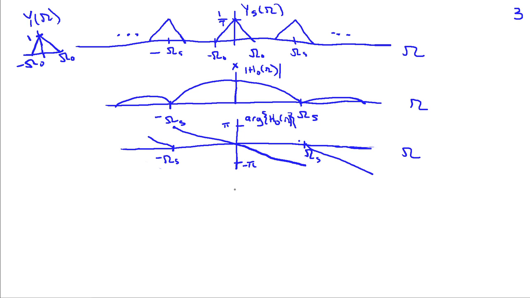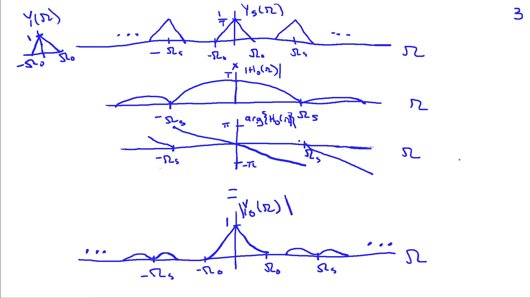So if we look at the result of multiplying our original signal spectrum, which in general is complex, but I'm just showing it as a purely real function here, times this, and I'm just going to sketch the magnitude, we see how the magnitude of y0, the output of the zero-order hold, corresponds to the spectrum of the original signal, which is what we're trying to reconstruct.